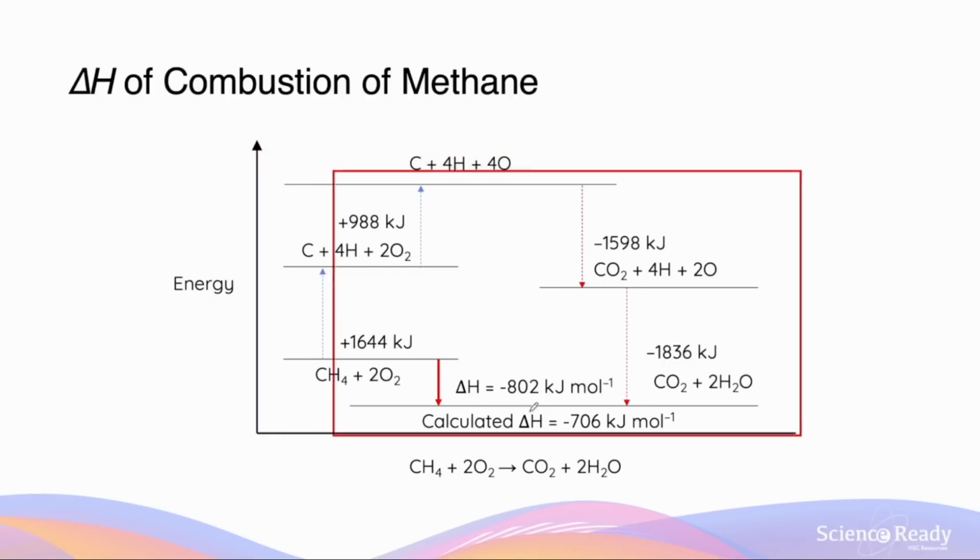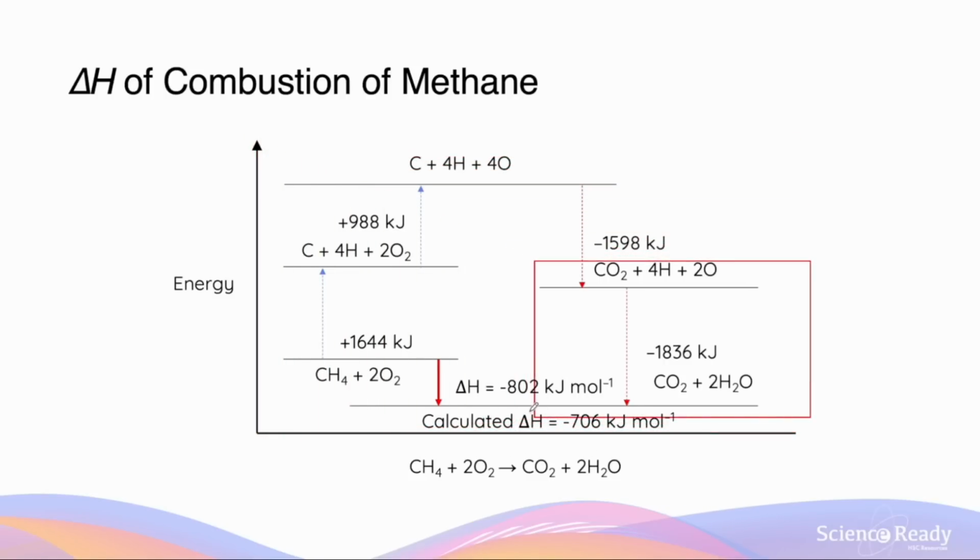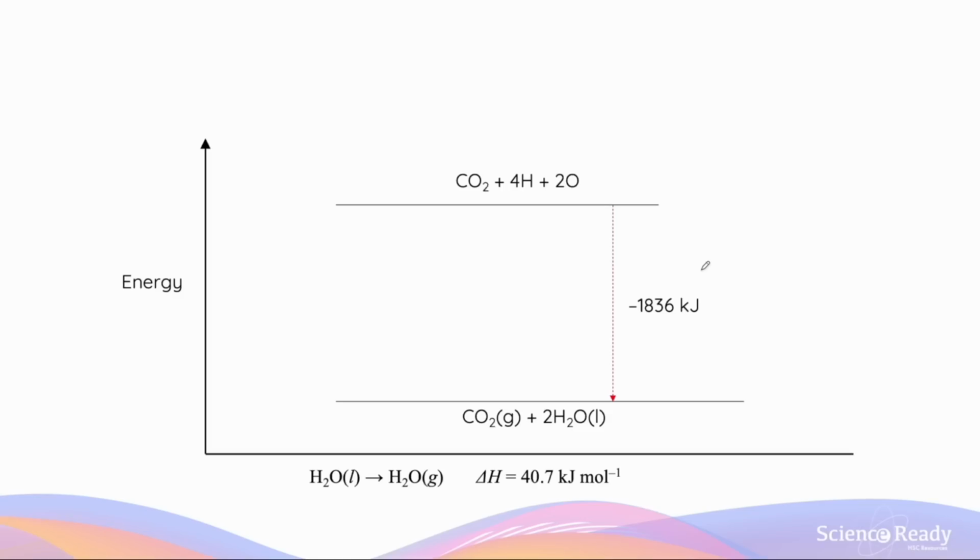Let's focus on this last process here, where we formed the molecule of water from the hydrogen and oxygen atoms. In this part of the chemical reaction, it is important to note that this step not only involves the formation of covalent bonds between oxygen and hydrogen atoms in the water molecule, it also involves the transition from gaseous water into liquid state water.